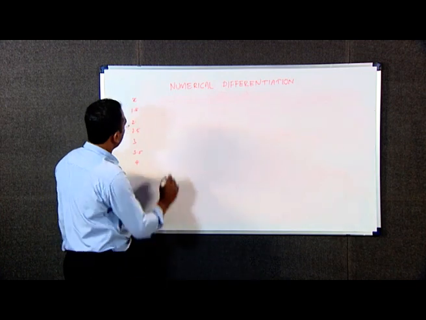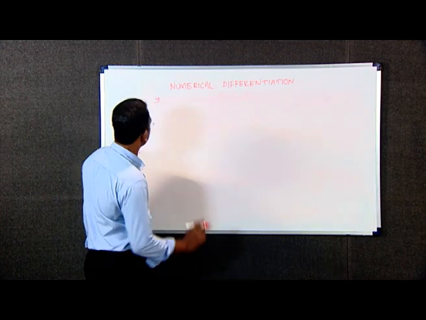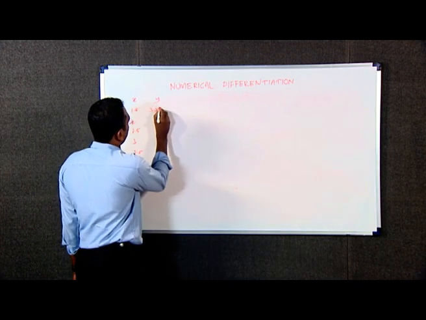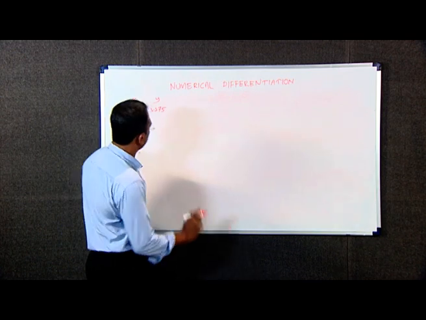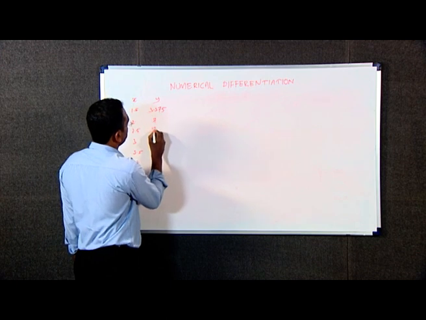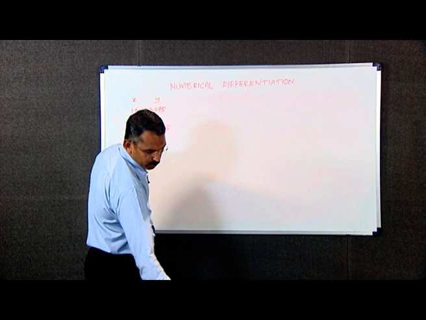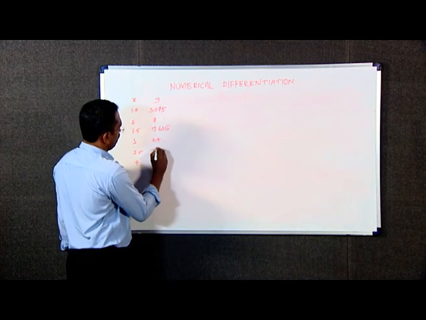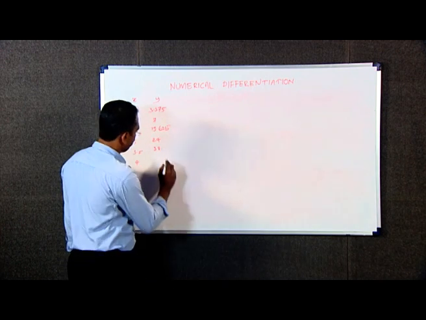The corresponding y values are 3.375, 7, 13.625, 24, 38.875 and 59.